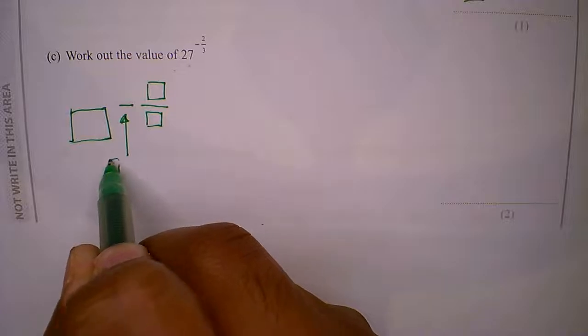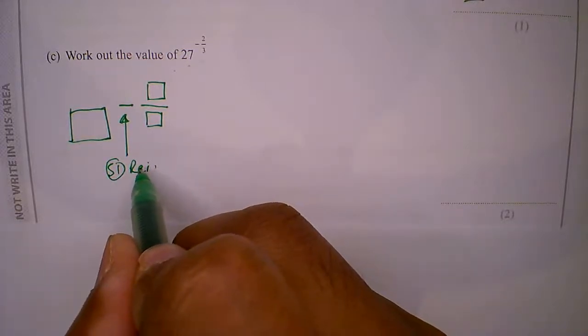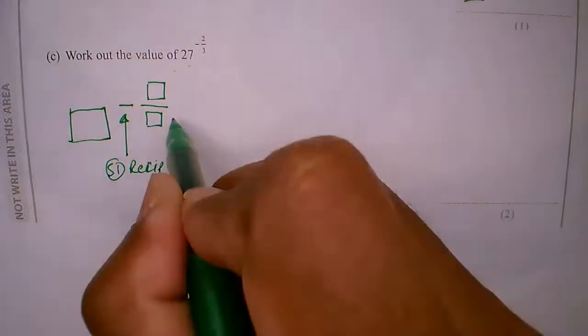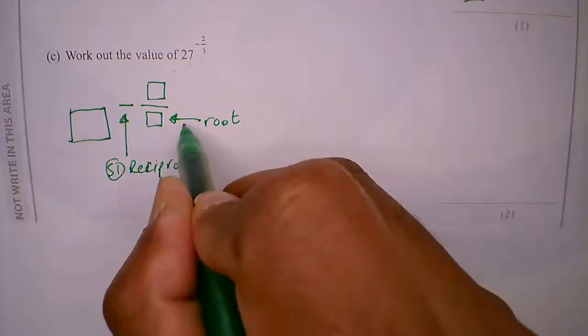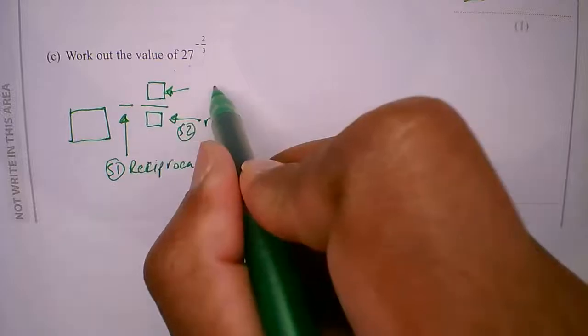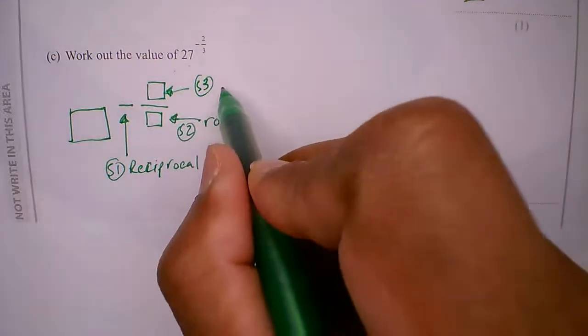Step 1 is, this is a reciprocal. Step 2 is my root. And then step 3 is my numerator of the power, which is a power.